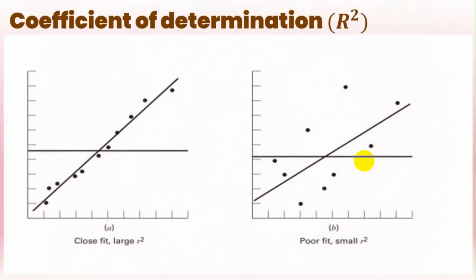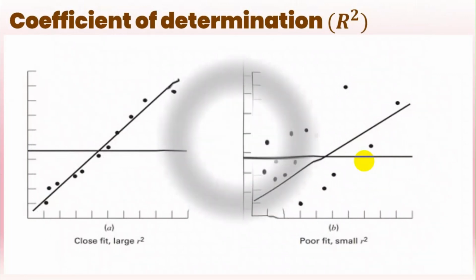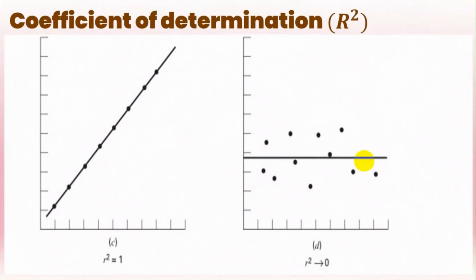You can see this picture. Picture A, close fit, large square of R. In picture B, poor fit, small square of R. In picture C, square of R equal 1. In picture D, square of R equal 0.